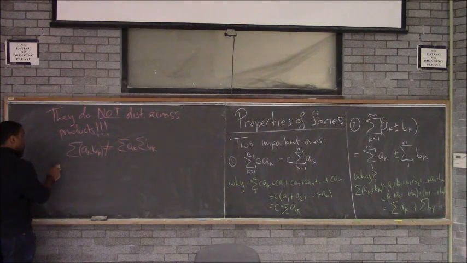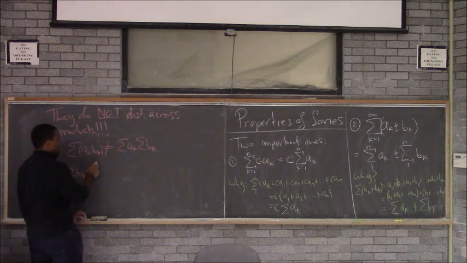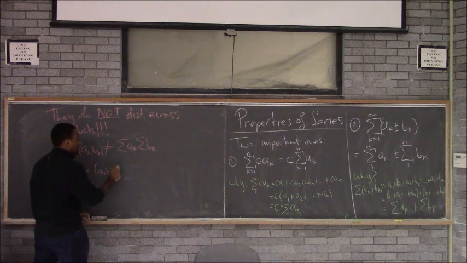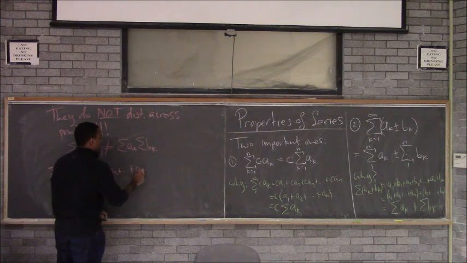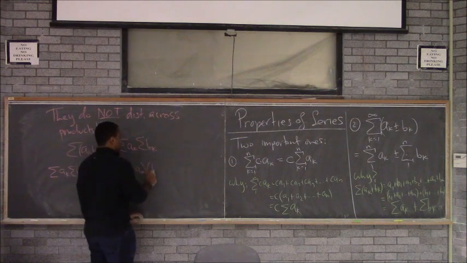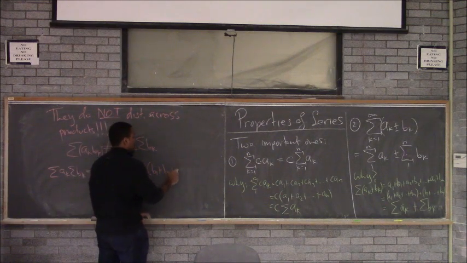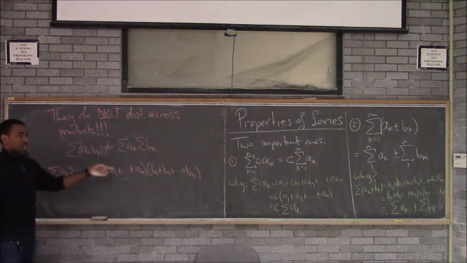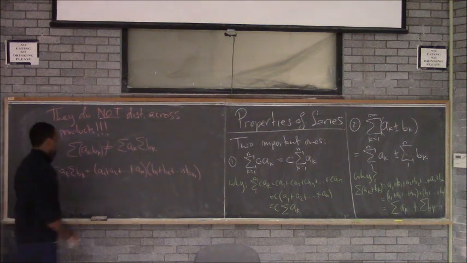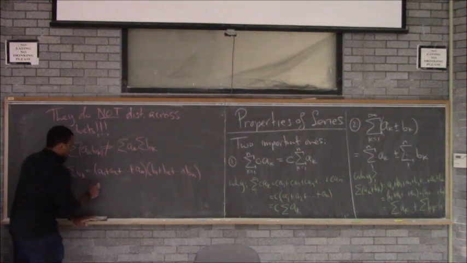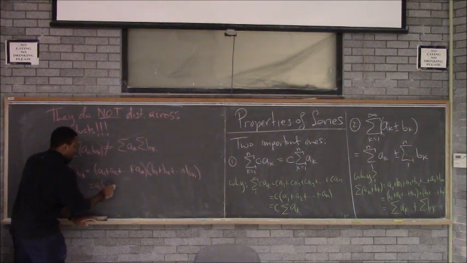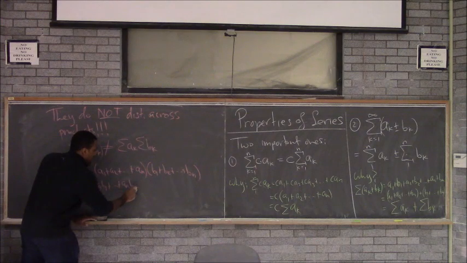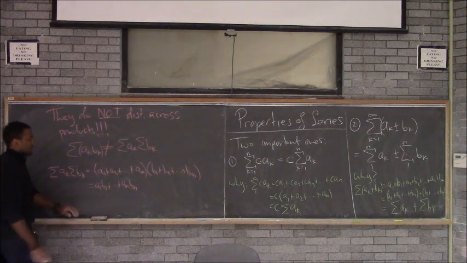That should be obvious. But why? Because if you look at the sum of a_k times the sum of b_k, well, that's a_1 plus a_2 all the way up to a_n, times b_1 plus b_2 all the way up to b_n. And of course, you have to actually FOIL, right? So this is going to be a_1 b_1 plus all these terms up to a_n b_n, which is this one.